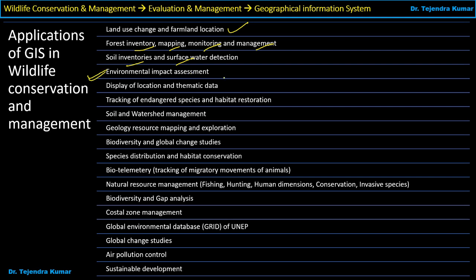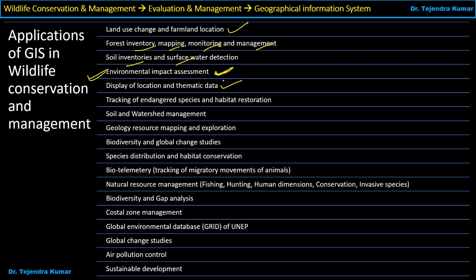Environmental impact assessment, which is a very important topic nowadays, can also be done. Impact assessment can be seen in terms of pollution, in terms of manipulation of natural resources and all. Display of location and thematic data.